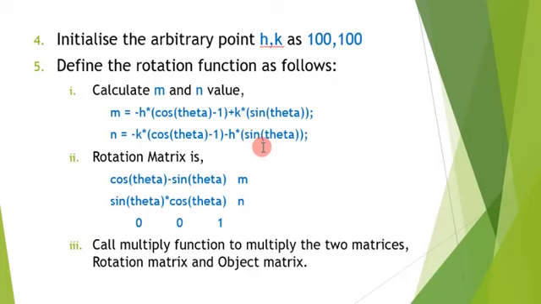Now here the theta value is the value that we are going to accept from the user. That is, theta is the angle by which the triangle has to be rotated.